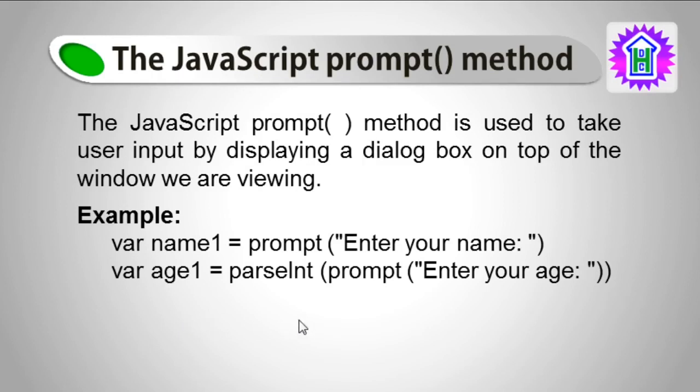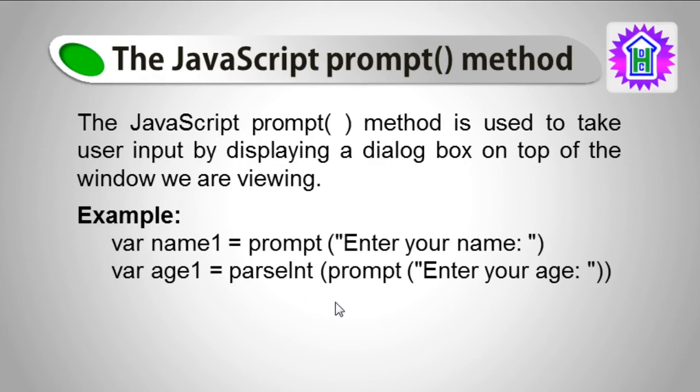If I want to convert the entered age to a number and then store it in age1, so that age1 stores a numeric age, we have to use this function or method. The name of the function or method is parseInt.